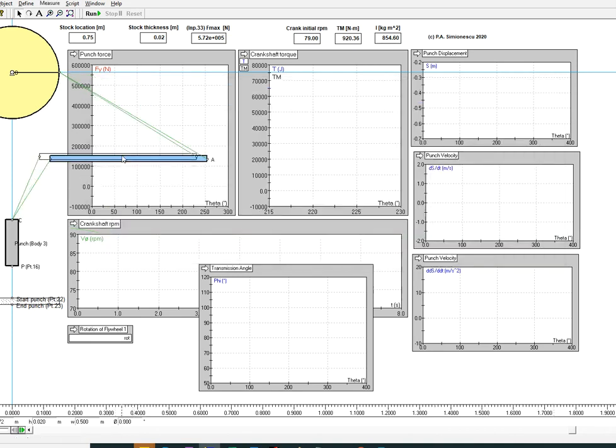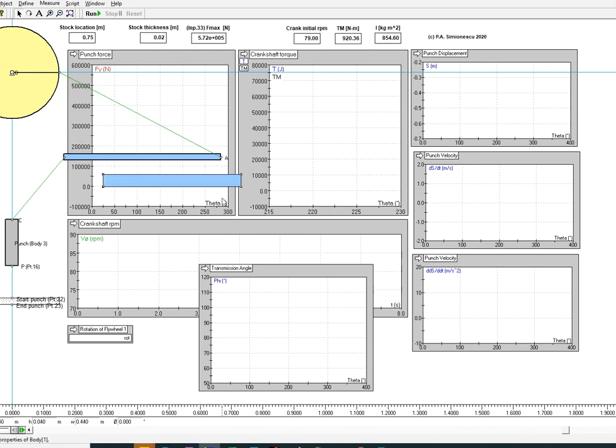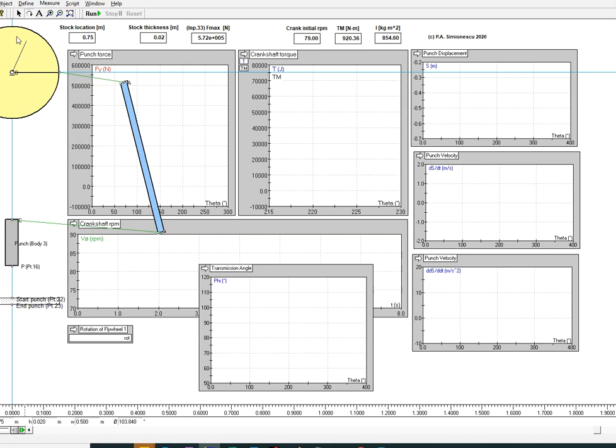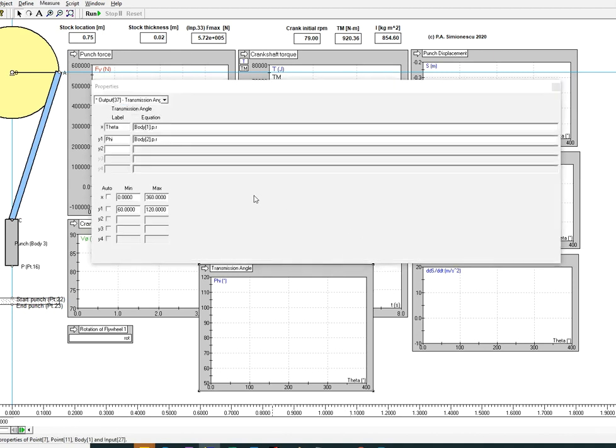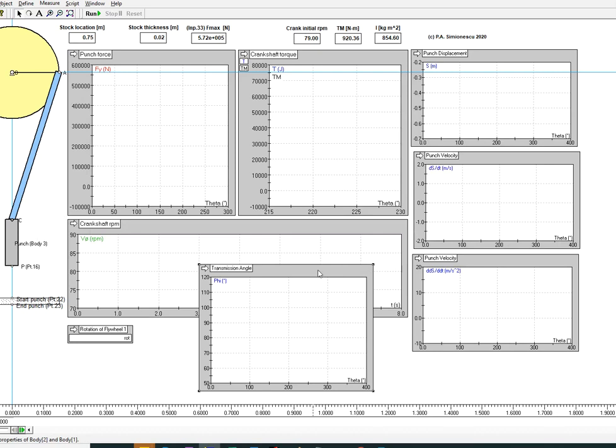So you saw how I did the crank. I used this rectangle and drew it this way, not vertically, although it appears to be mostly in a vertical position in our model. And when plotting the transmission angle, all I did was plot the angle of rotation of this body. So the angle of rotation of that body would be this angle, which we know is the transmission angle of the mechanism.